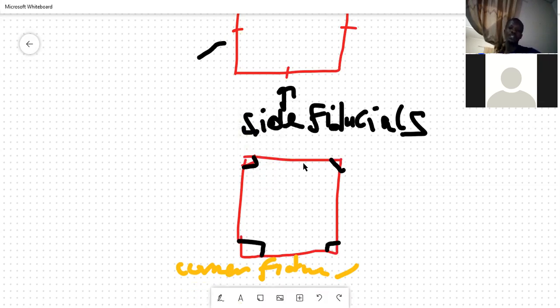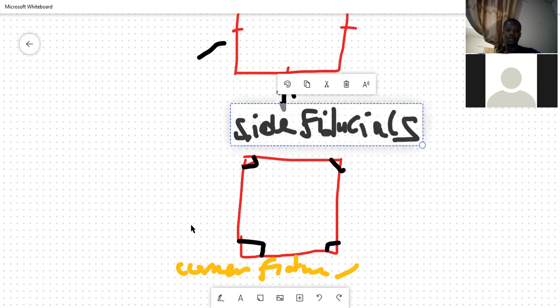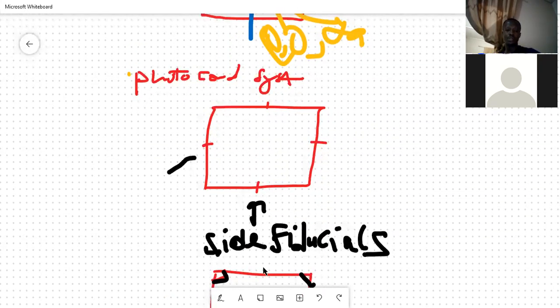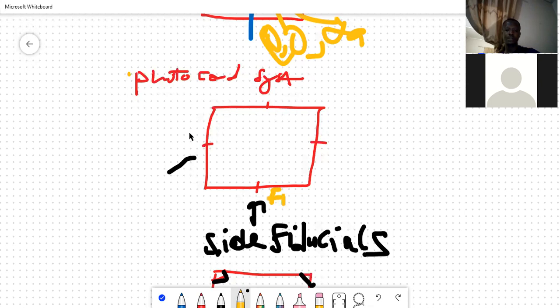So with the corner fiducials or the side fiducials, you can have your F1, F2, F3. So you can actually have F1, F2, F3, F4. When you get the diagram I'm going to share with you with the comparator, you see the three coordinate systems.